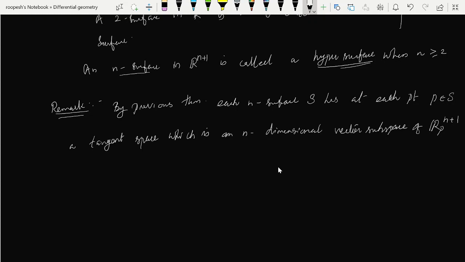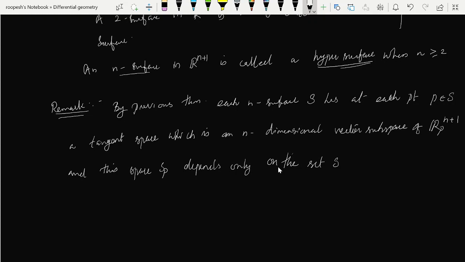And this space, which we are naming S_p, depends only on the set S, not on the function f.